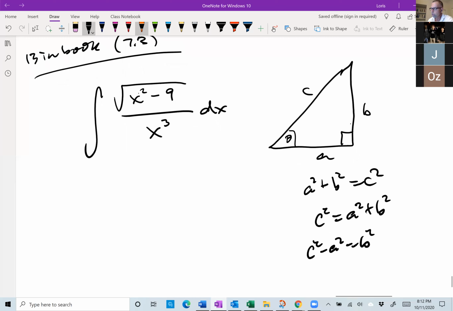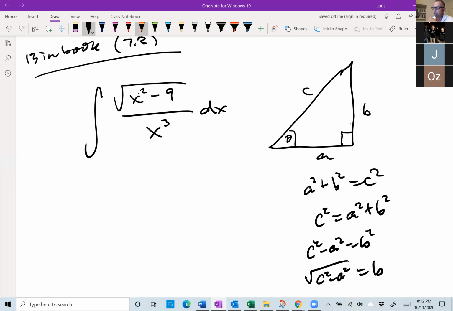When you take the square root, you get the square root of c squared minus a squared equals b. See how the hypotenuse was first before the minus sign? That means that x has to be the hypotenuse. Anytime you see x squared minus something squared, x would have to be the hypotenuse.